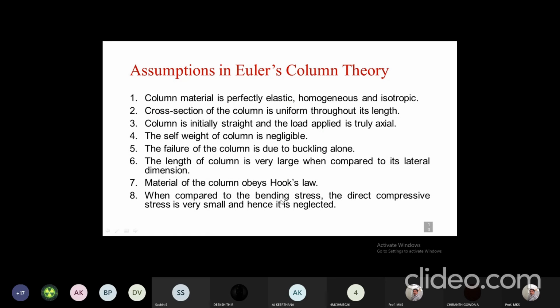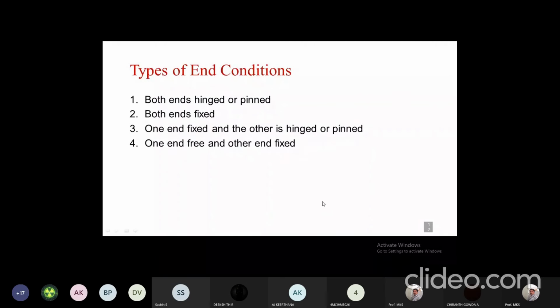Only bending stresses are considered. These are the assumptions to be written for any of the four conditions. If it is asked to write the assumptions and derive the Euler load or buckling load for both ends hinged or pinned, both ends fixed, any of these four.